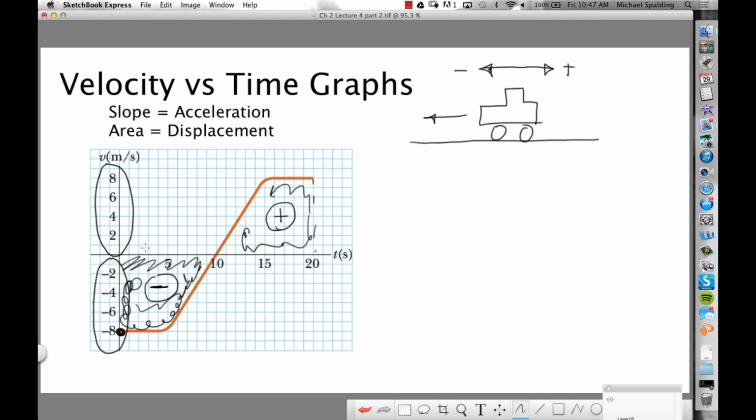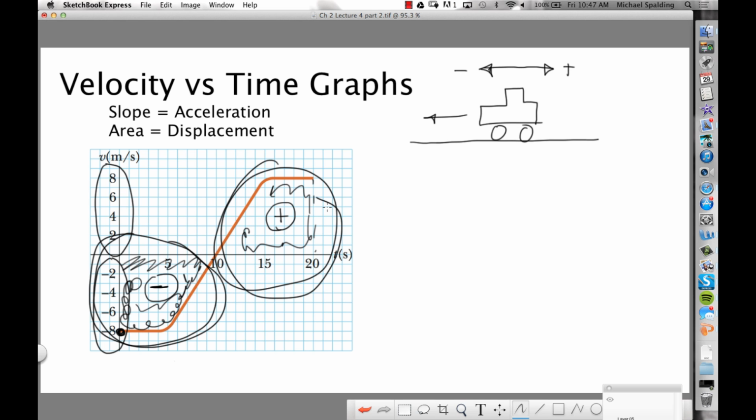The starting point and the ending point must be the same point. And the reason I know that is because the negative displacement and the positive displacement are the same.